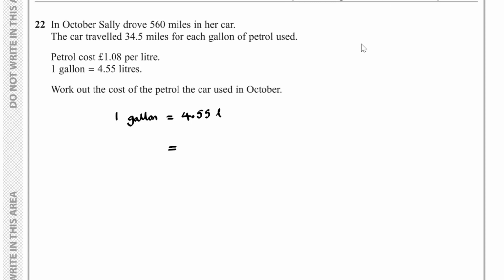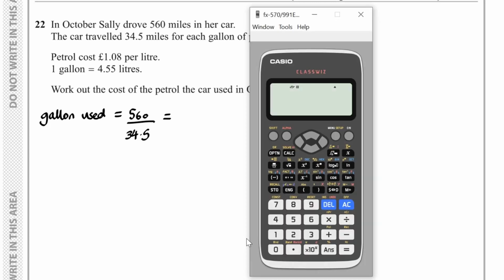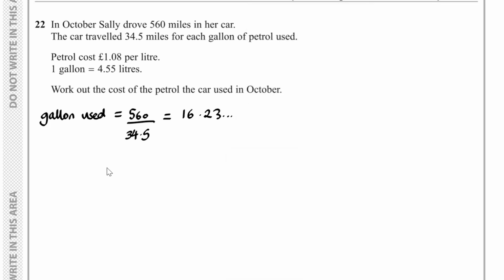The gallons used are equal to 560 over 34.5. So if we work this out, 560 divided by 34.5, it turns out we get 16.23, etc. gallons.